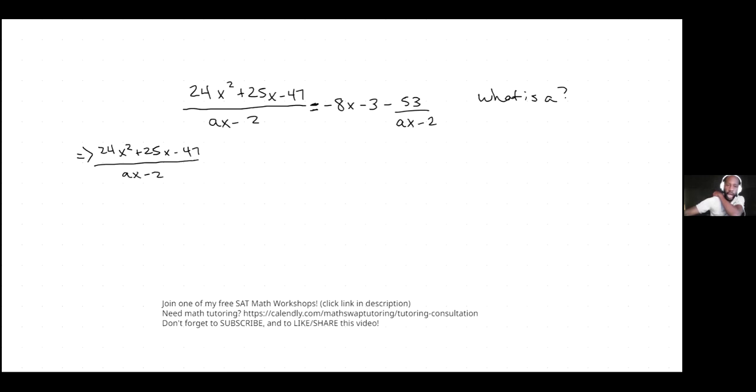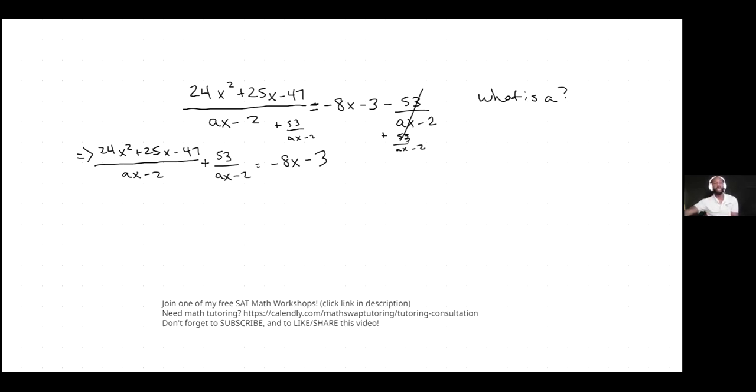So we're adding this to both sides, so plus 53 over ax minus 2 equals negative 8x minus 3.